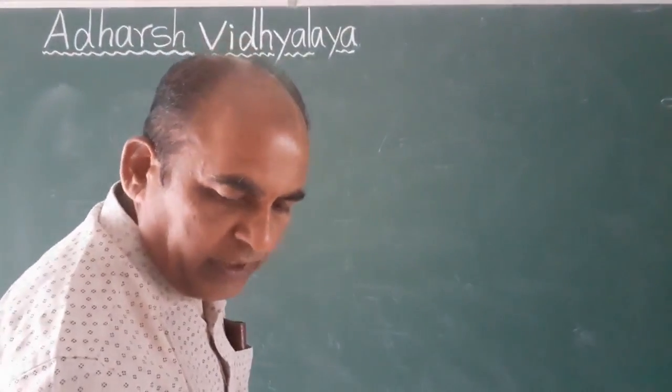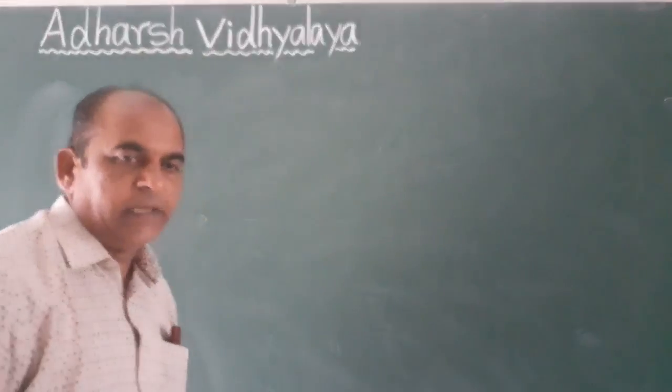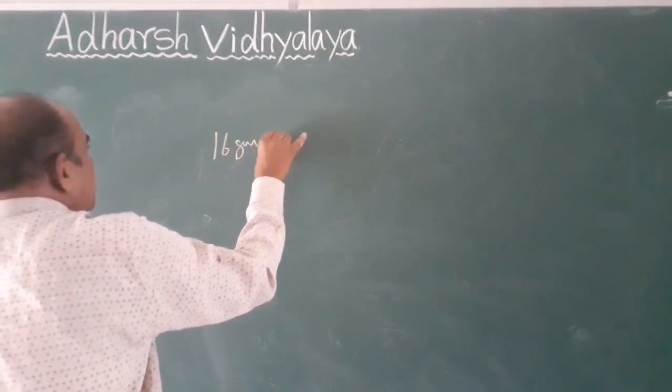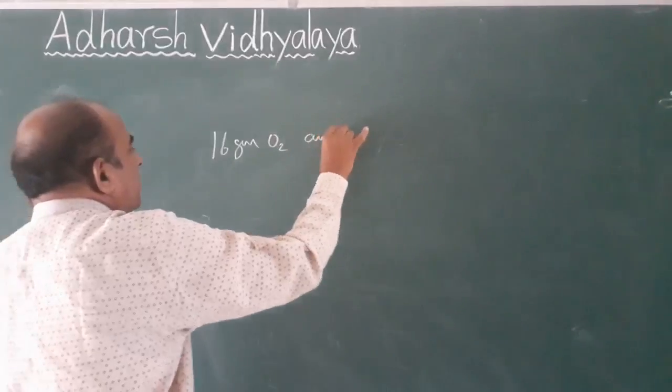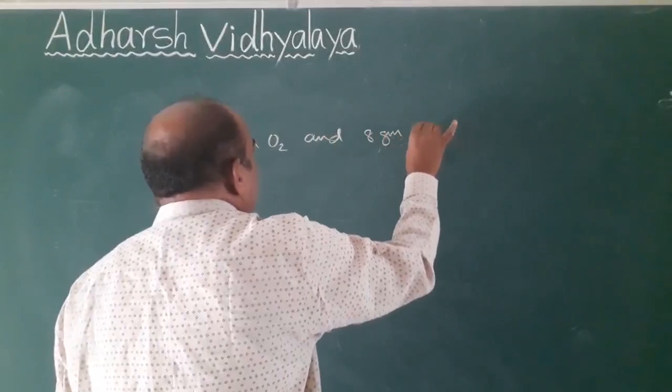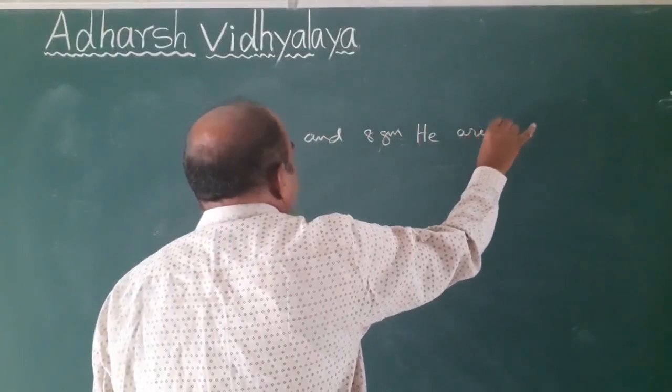Now we can mix two gases. 16 grams of oxygen and 8 grams of helium are mixed.